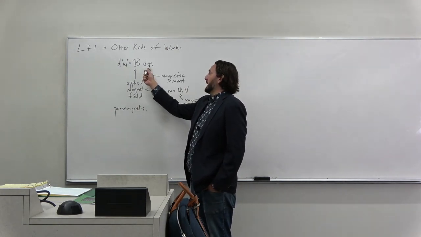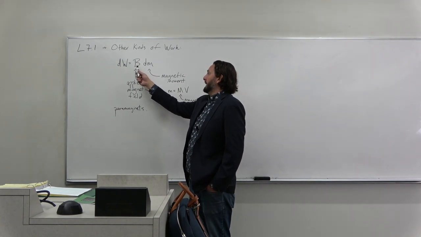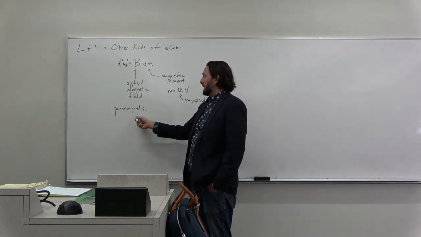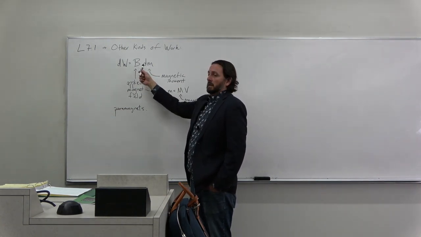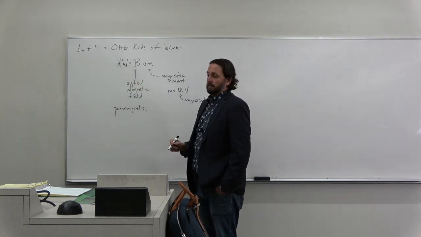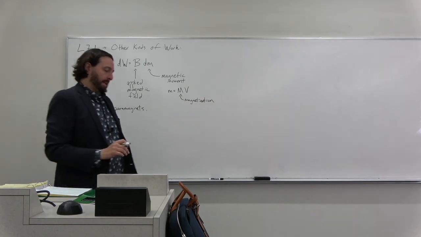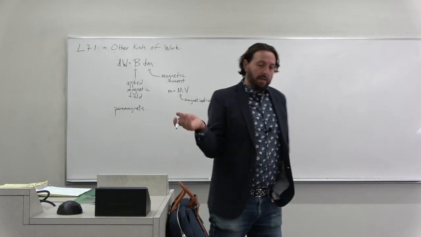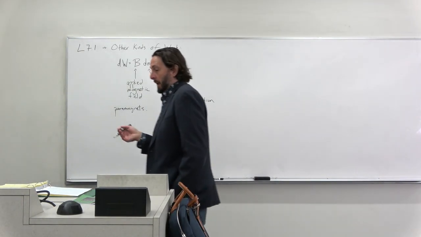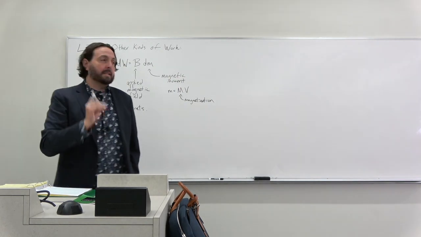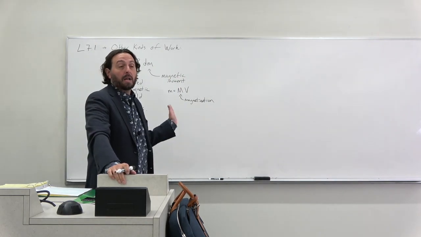So the magnetic moment will be negative. So this could work for diamagnets as well, but there'll be a minus sign here. But there's also so-called ferrimagnets, antiferromagnets, and ferromagnets. And for those, this kind of description will not work.